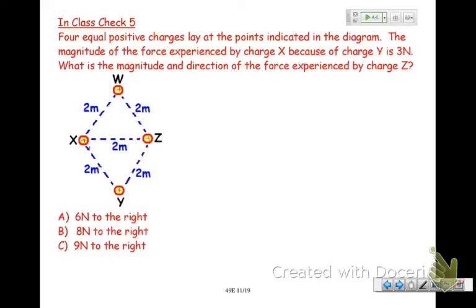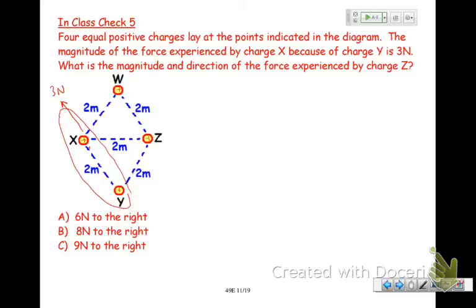The magnitude of the force experienced by charge X because of charge Y, so I'm looking at this bit here now, only about that, is 3 newtons. Well, they're both positive, so this force is going to be 3 newtons like that. That's not the question. That's just a piece of information.